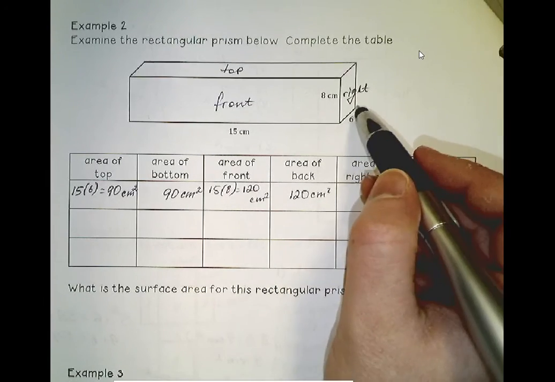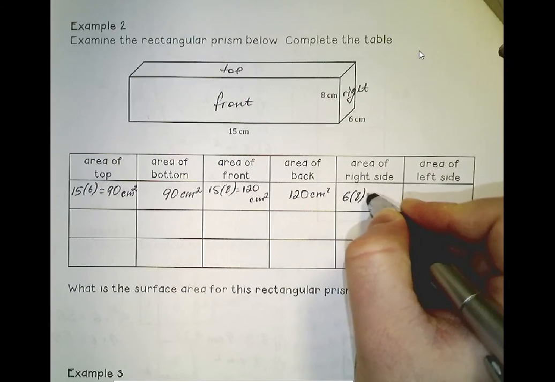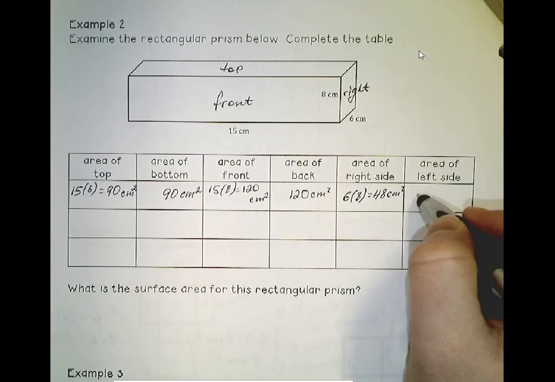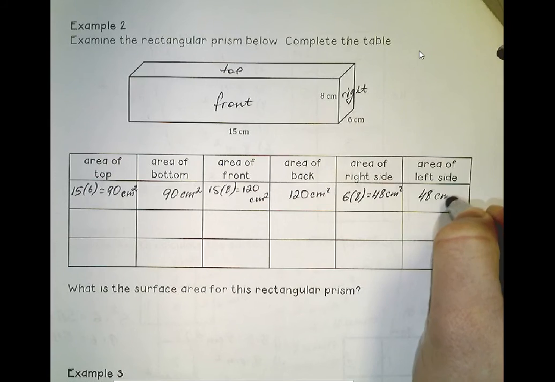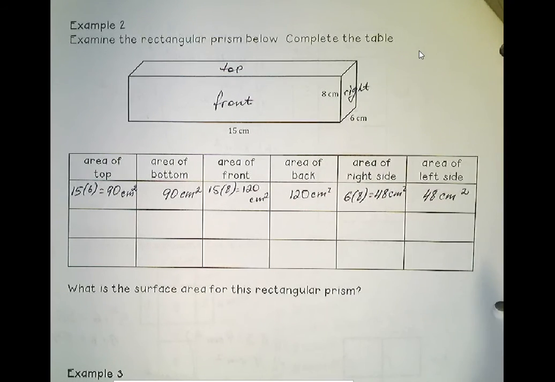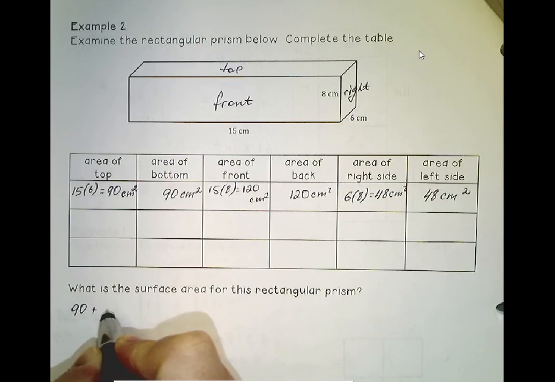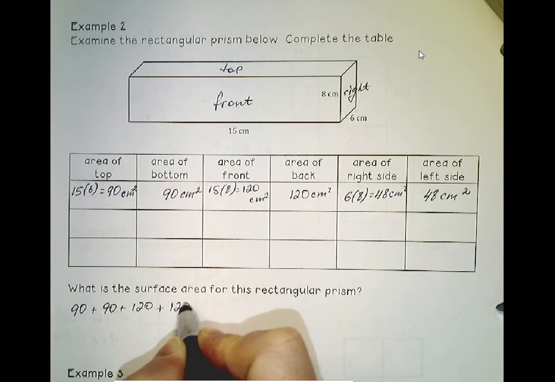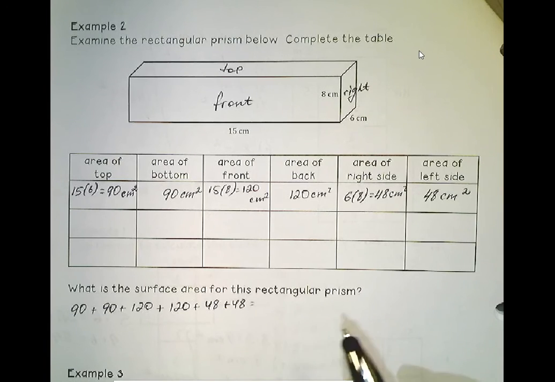The right side is 6 by 8. 6 times 8 is 48 centimeters squared. And so is going to be the left side, 48 centimeters squared. If I add them all together now to find the total surface area, I will need to do 90 plus 90 plus 120 plus 120 plus 48 plus 48.